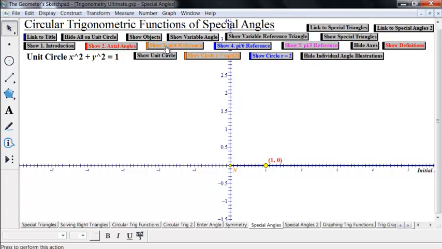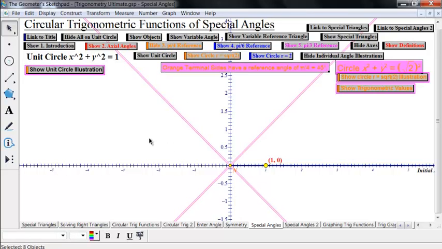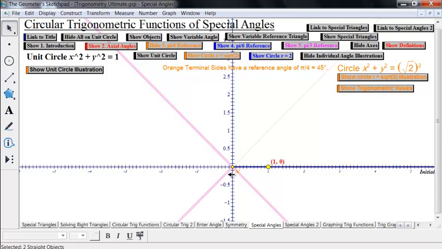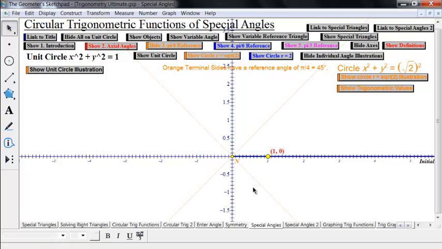If I click the one that says pi over 4 reference, it shows you the angles in orange here, here, here, and here. Those are the terminal sides. Of course, the initial side is always on the x-axis, and any angle that has those as terminal sides will have a reference angle of pi over 4 radians, or 45 degrees.